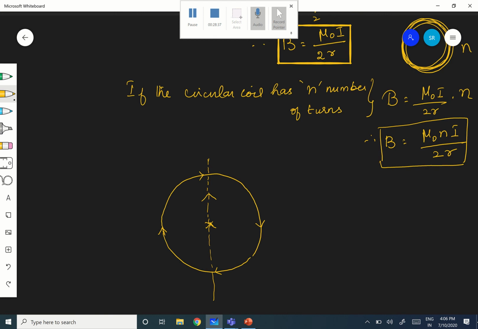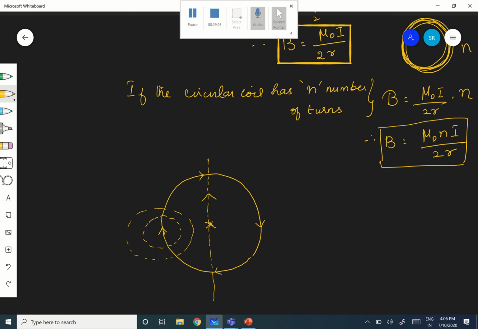If I want to draw the field lines here, recall the 10th standard portion. If you hold the current carrying conductor in the grip of your right hand such that the thumb shows the direction of the current, the same rule can be used in different ways.